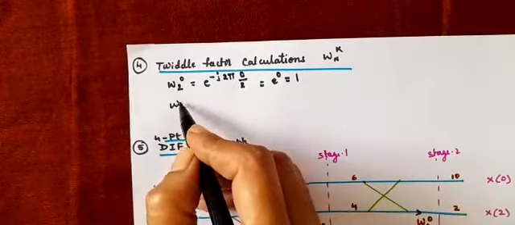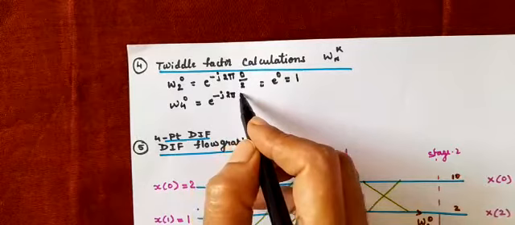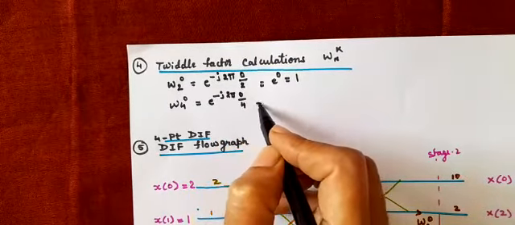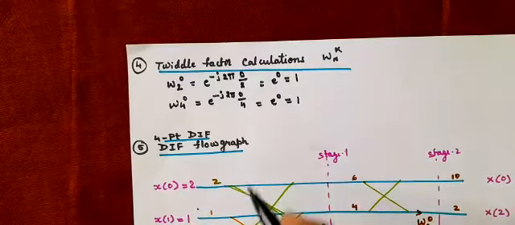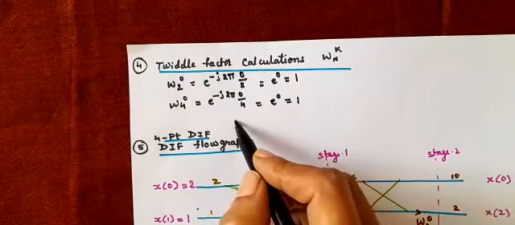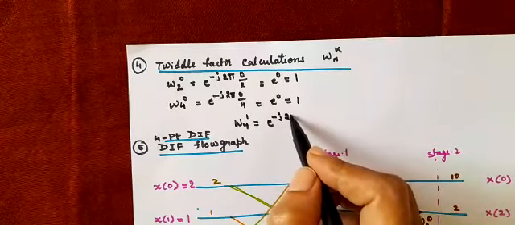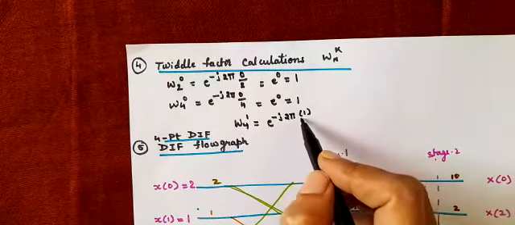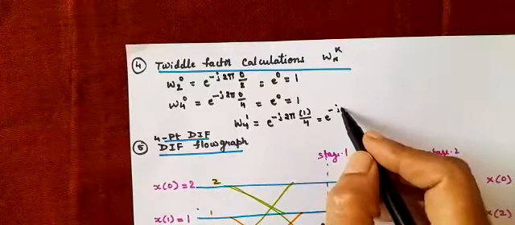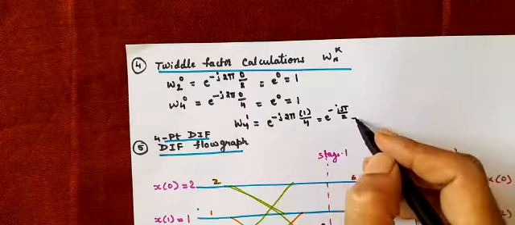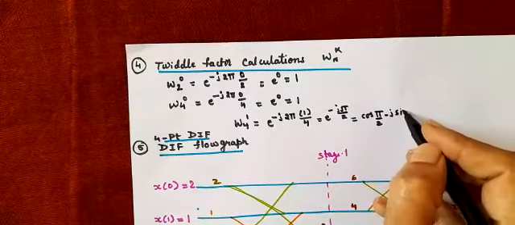What is W4 to the power 0? e to the power of minus j 2 pi 0 by 4, which is equal to e to the power 0, which is equal to 1. Next twiddle factor is W4 to the power 1, e to the power of minus j 2 pi k by N, where k is 1 and N is 4, which is equal to e to the power of minus j pi by 2, which is equal to cos pi by 2 minus j sin pi by 2.